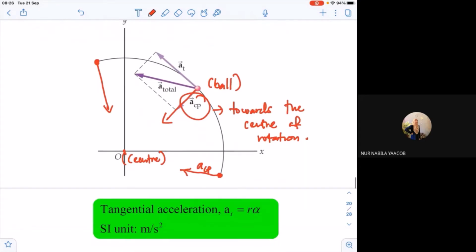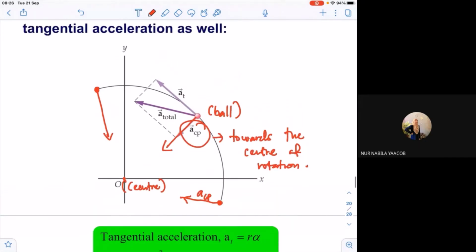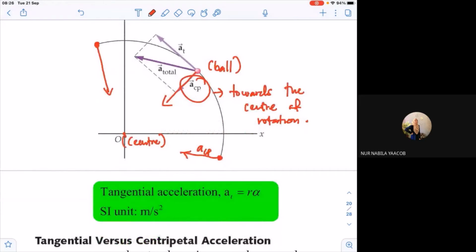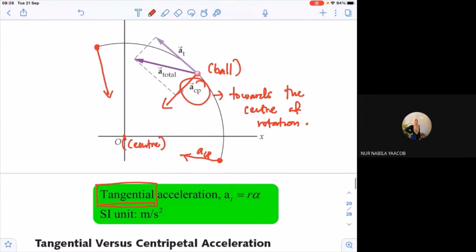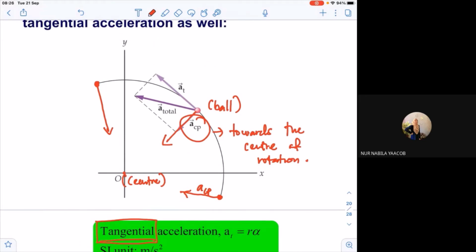Because of that, we managed to see the tangential acceleration. So where is the tangential acceleration? Look at the word: tangential acceleration. If you move in some circular motion, what drives the ball around is the tangential acceleration.